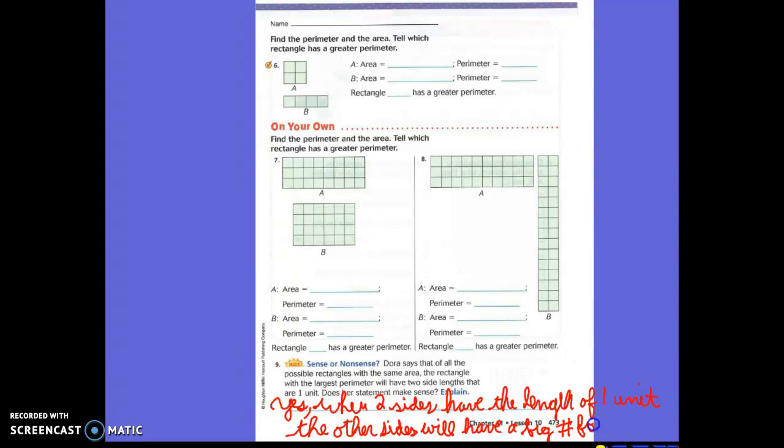What? I don't have enough room. Okay, so we said yes, because when 2 sides have a side length of 1 unit, the other sides will have a big number for its length.